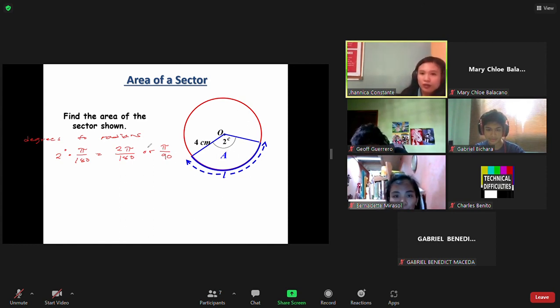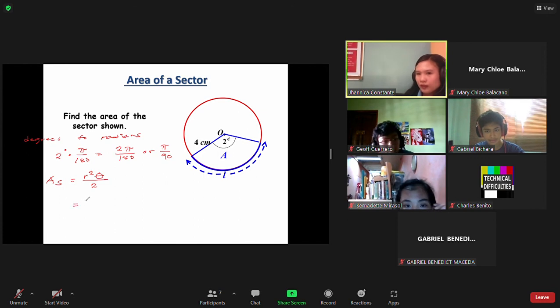So we have pi over 90 as the angle that we're going to use to measure the area of the sector of our circle. The area of a sector is equal to radius squared times the angle divided by 2. The radius is 4 centimeters squared times the angle, which is pi over 90, divided by 2.